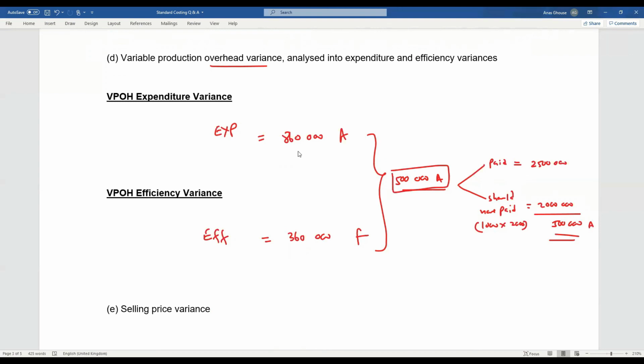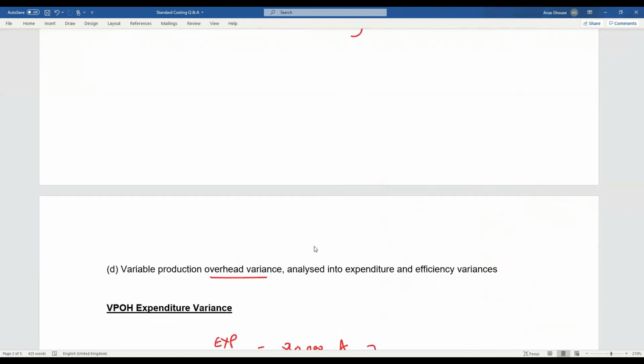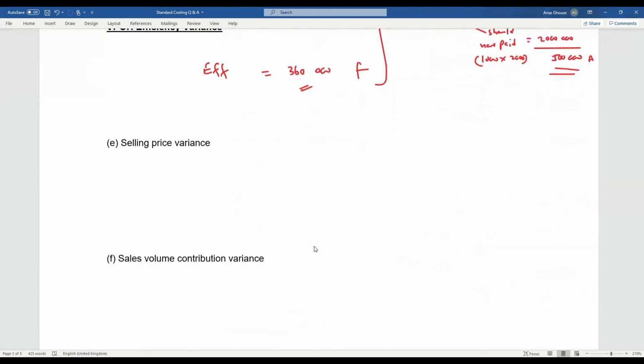So this consists of expenditure and efficiency variance. So basically we have calculated all cost variances. Now we have to move on to the selling price variance.